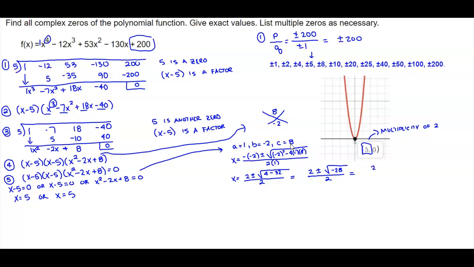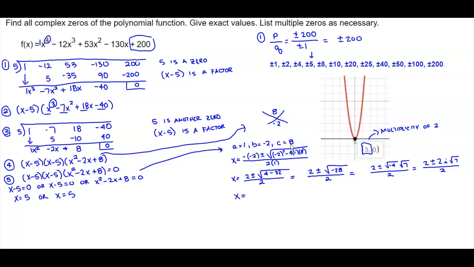So this is 2 plus or minus the square root of negative 4 times the square root of 7 over 2, which is equal to 2 plus or minus 2i times the square root of 7 over 2.